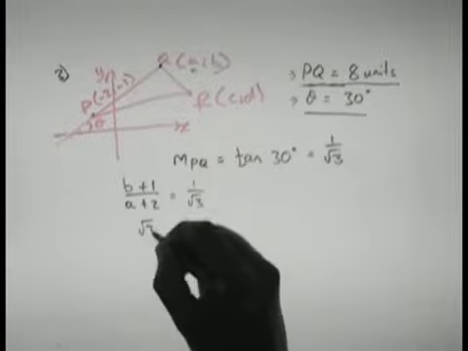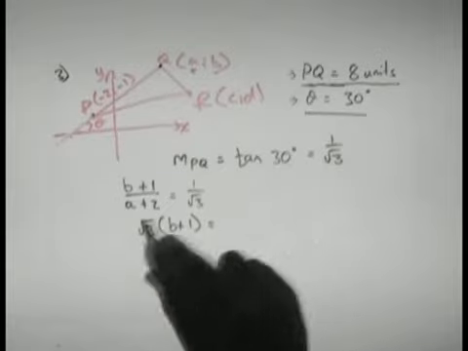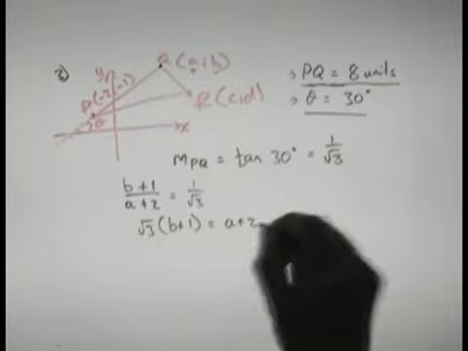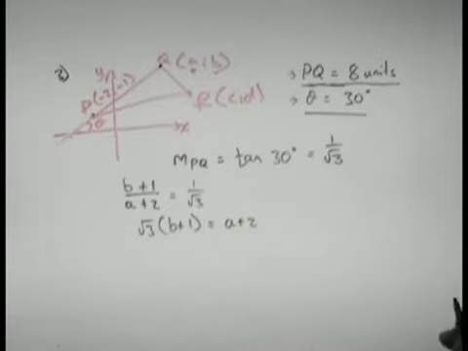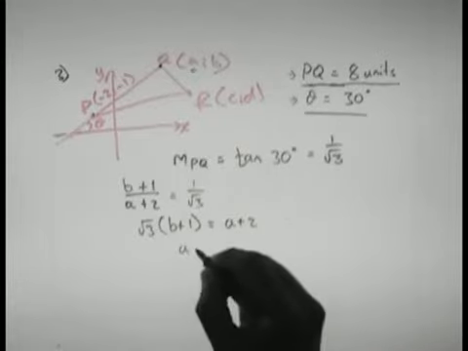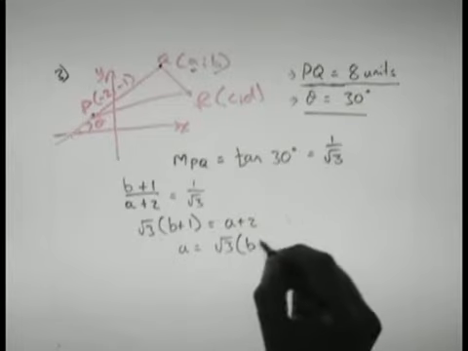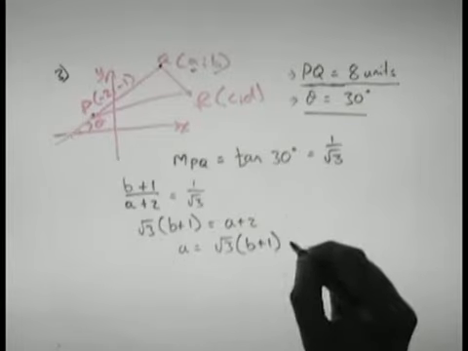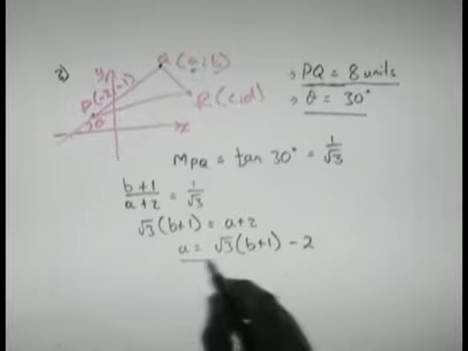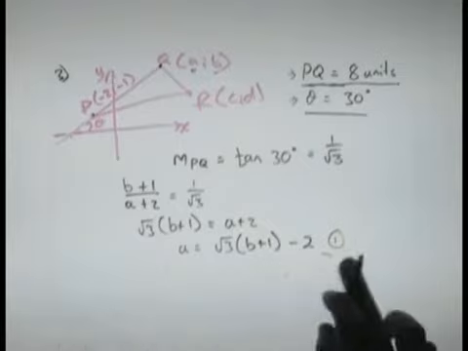That means that root 3 multiplied by (b plus 1) has to equal 1 multiplied by (a plus 2). And that's equation 1. I'm going to simplify it a little bit more. A is going to equal root 3 times (b plus 1) minus 2. And that is equation 1 that I'm going to be working with.